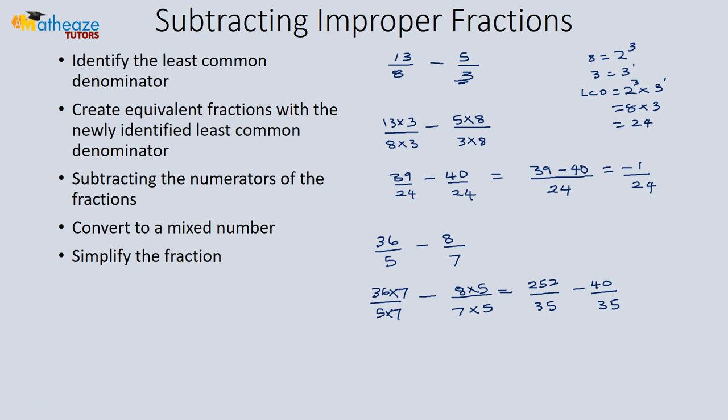So now 252 minus 40 should give you 212 over 35. If we divide 212 by 35, 35 times 6 gives you 210. So this is going to give you 6, with 2 as your remainder, over 35.